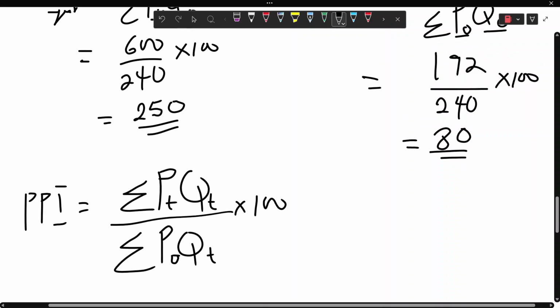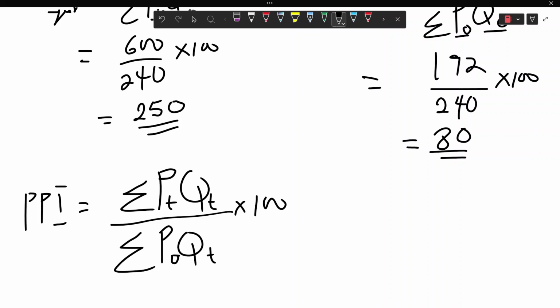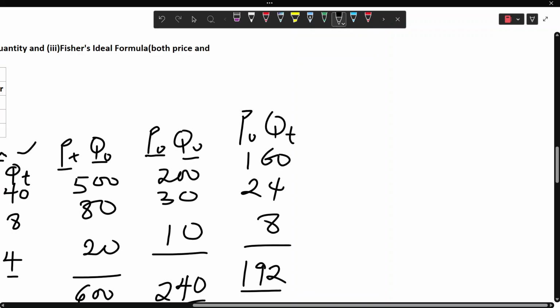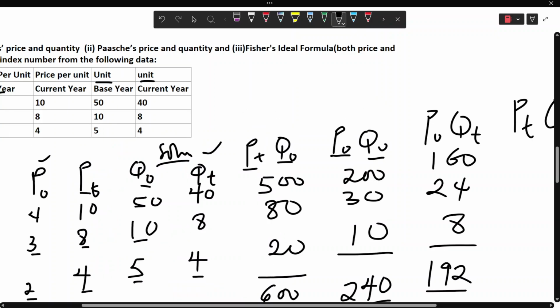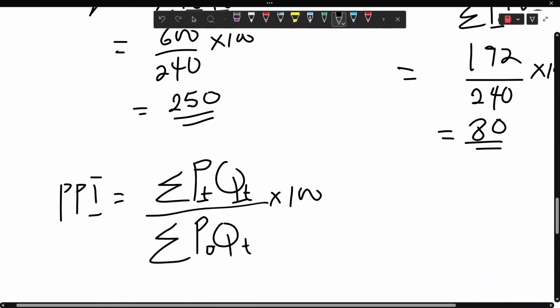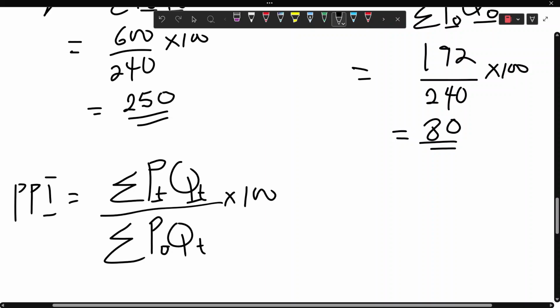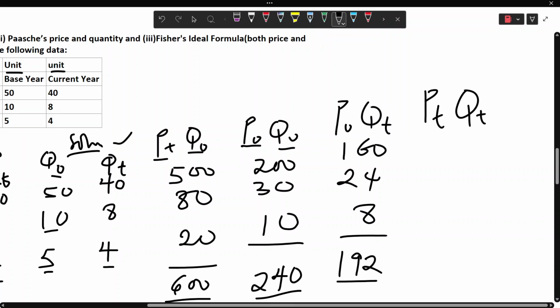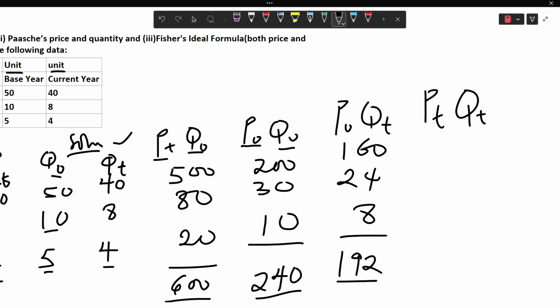Based on this formula, you have to find the summation of current year prices and current year quantity, so let me create another column. Also, there's one thing we have to find: base year prices and current year quantity. Let's see whether we have it. There's no need to create another column again. We just have to put the total there.